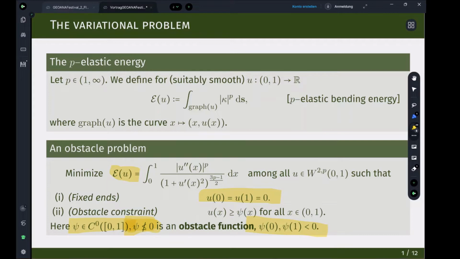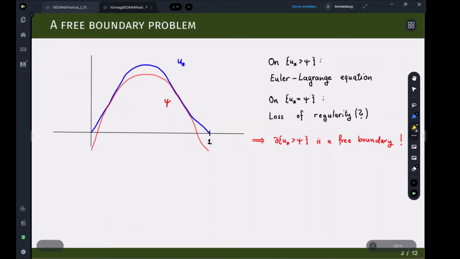Okay, this is the obstacle problem. Those two are our constraints, and then we can try to minimize.